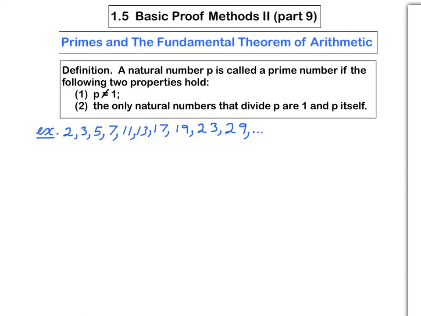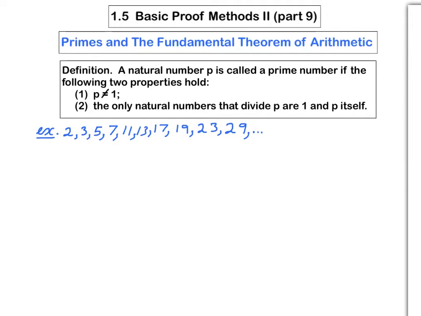Then the next one is 3, then 5, 7. 9 is not prime because it can be written as 3 times 3. 11, 13, 15 is not prime because it's 3 times 5. 17, 19, 21 is not prime. 23, 29, etc. So that's a list of some of the primes in order, but there are infinitely many primes, and they have very interesting behaviors, and one can devote an entire career to just talking about properties of primes.